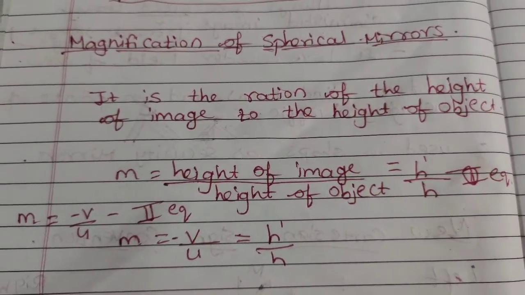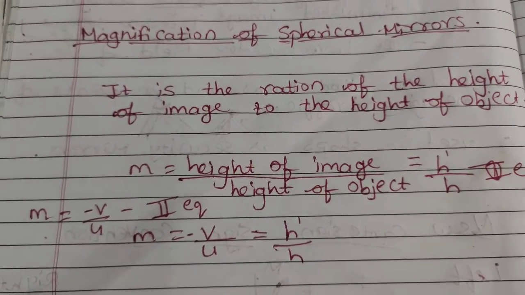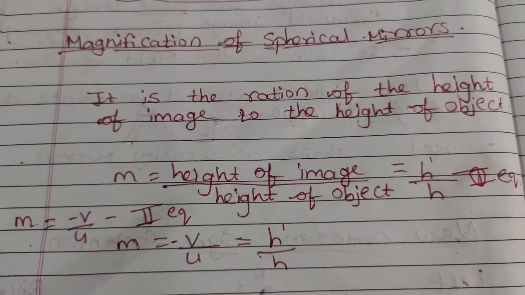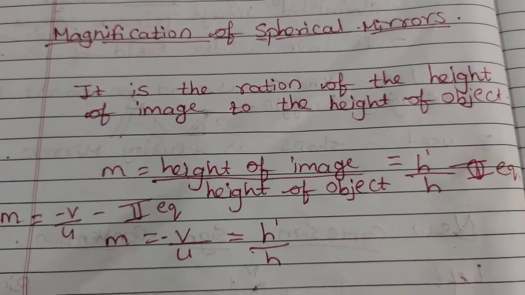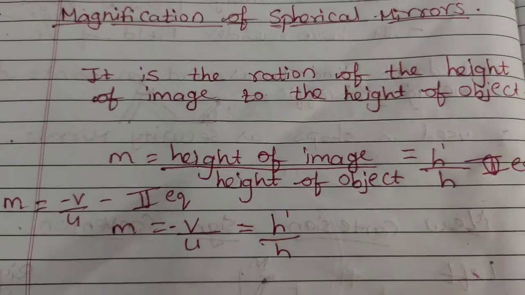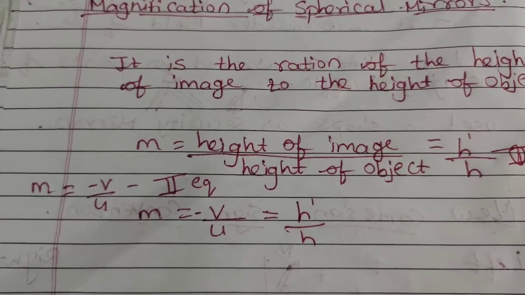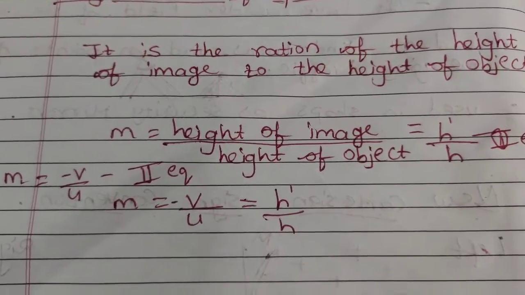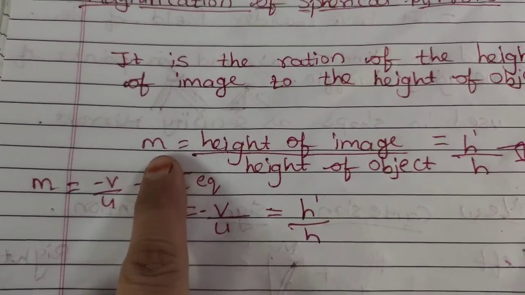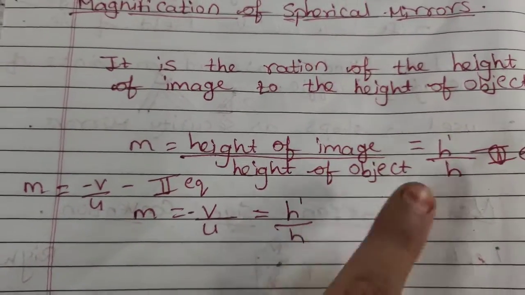Now the second topic is magnification of spherical mirrors. What is magnification of a spherical mirror? It is the ratio of the height of the image to the height of the object. The formula for magnification: M stands for magnification, equal to height of image upon height of object.